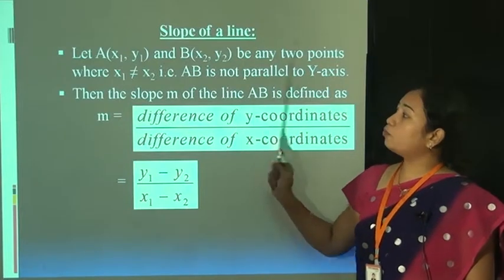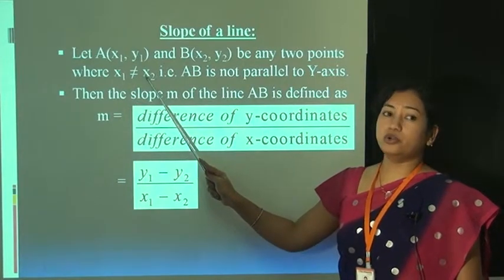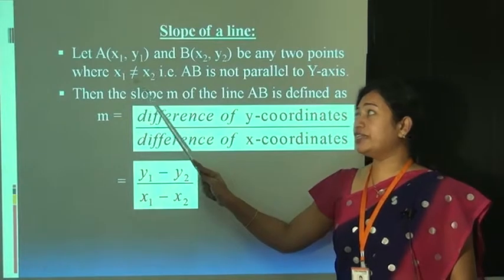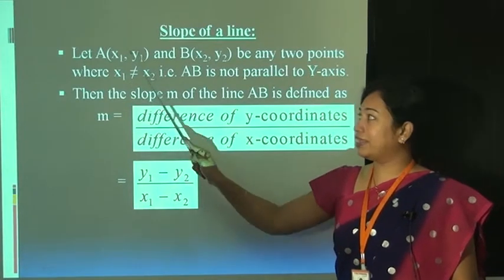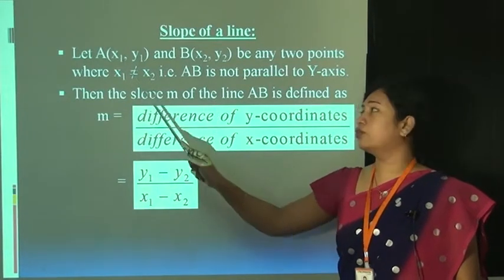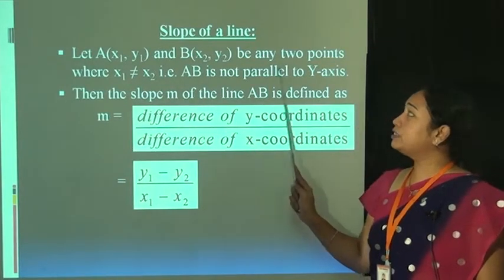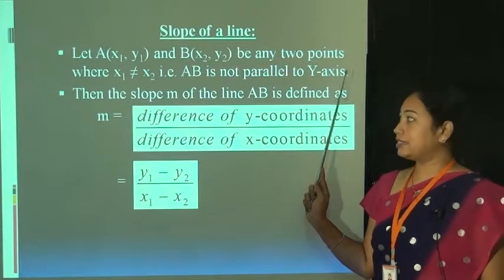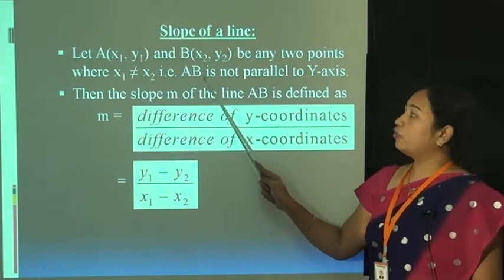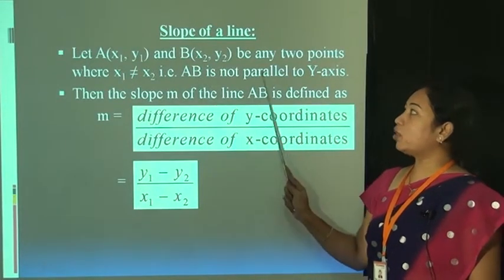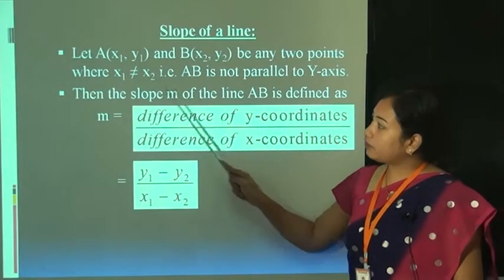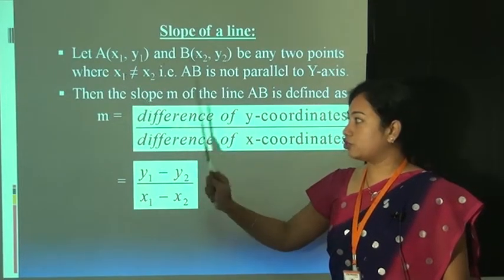Be any 2 points where x1 is not equal to x2. That means if we take x1 equal to x2, then these 2 lines become parallel, that is AB is parallel to the y axis. Clear? Here we are applying the condition that AB is not parallel to the y axis. That's why we take x1 not equal to x2.